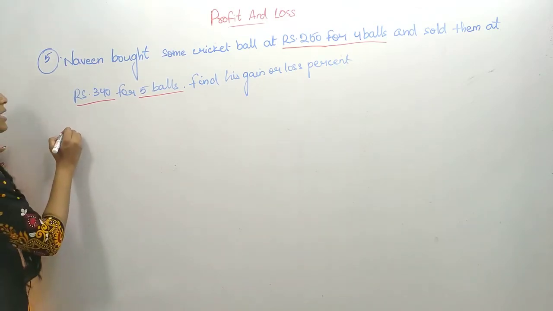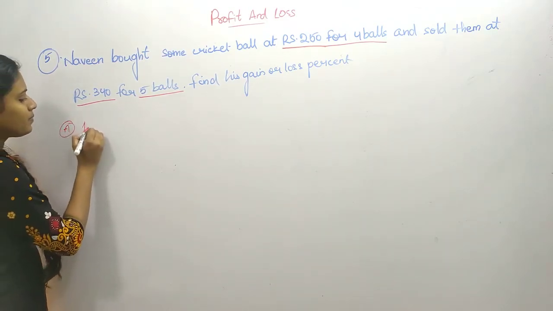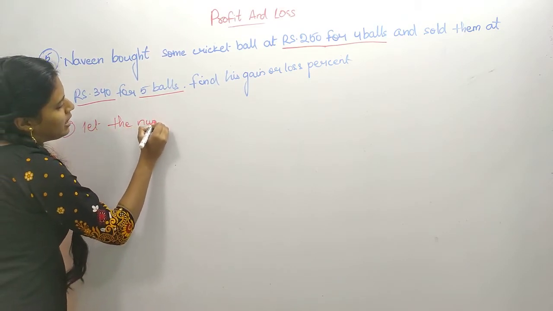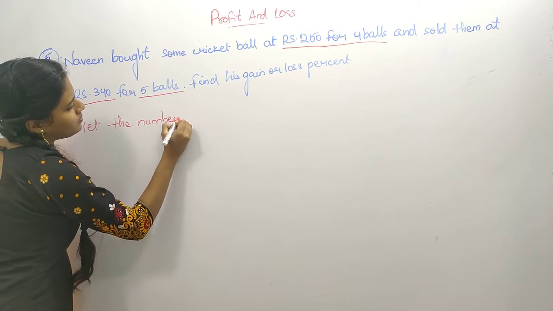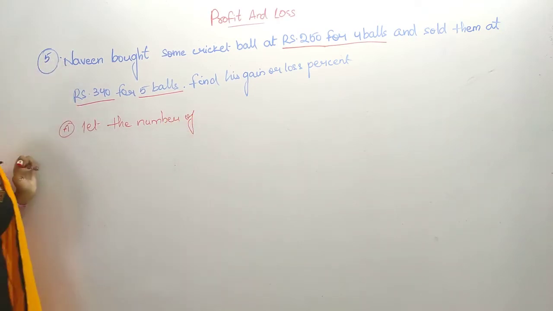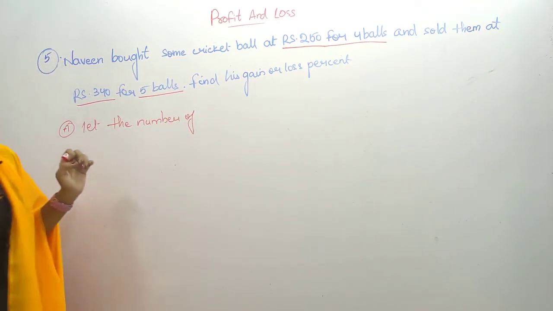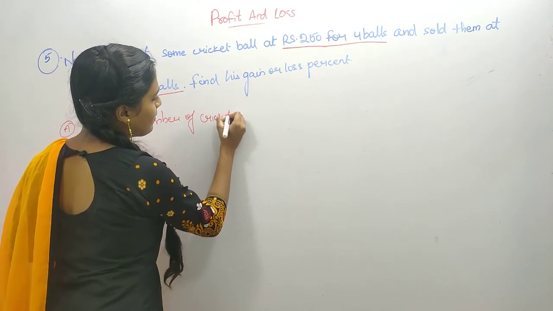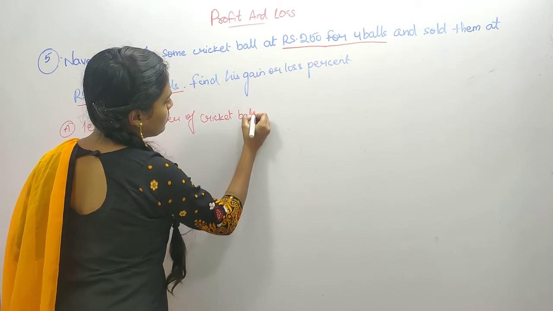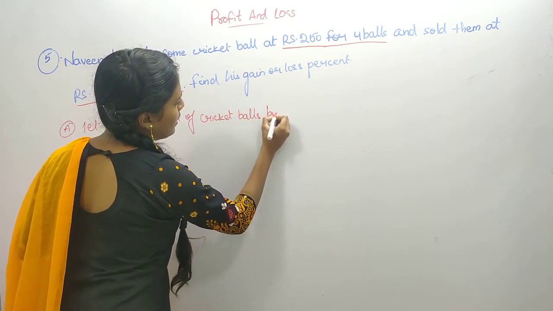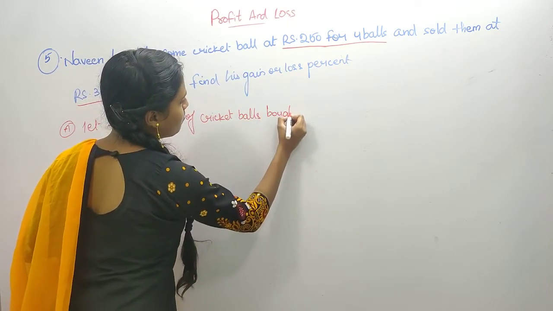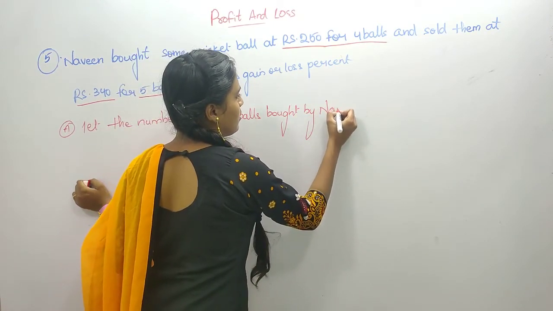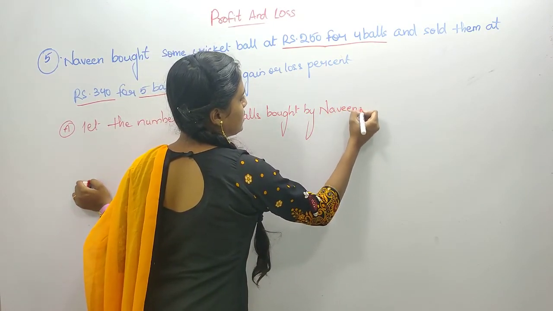Okay, let the number of cricket balls bought by Naveen be equal to 20.